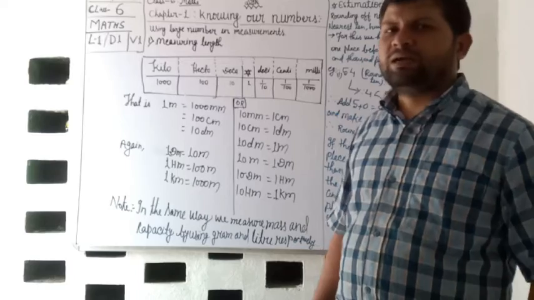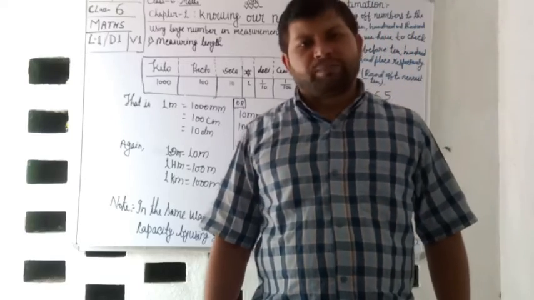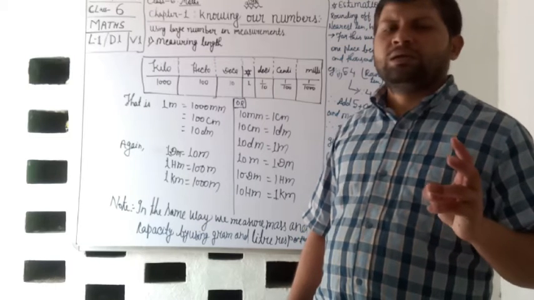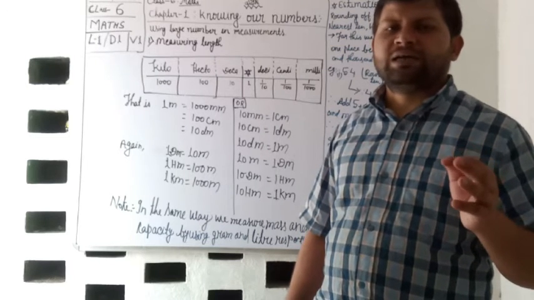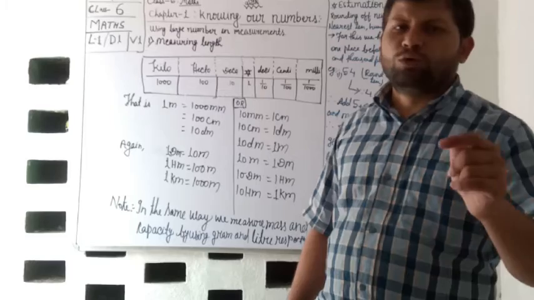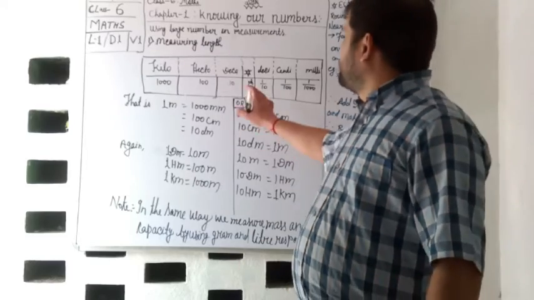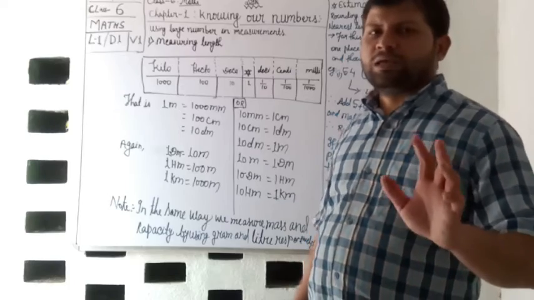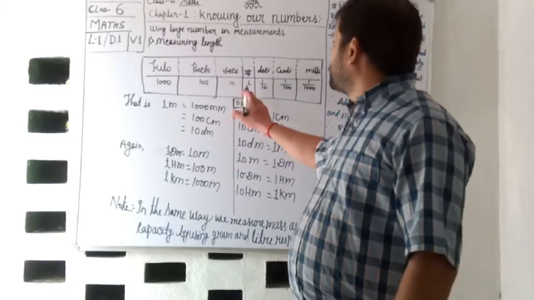And for measuring capacity we use milli, centi, deci, liter, deca, hecto, kiloliter. It means each step is a multiple of 10.